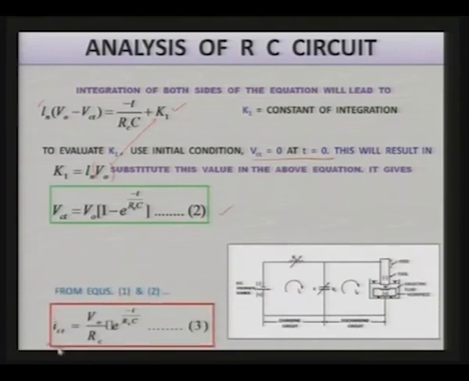From equation 1 in the earlier slide and this particular equation 2, if you use both these equations, then you can also calculate the current I c t, that is given by V 0 over R c e raised to power minus t over R c C. So, we can calculate the V c t and we can calculate the I c t both.